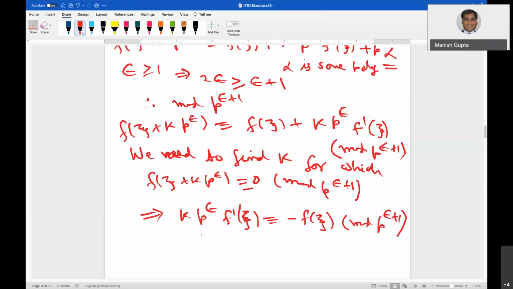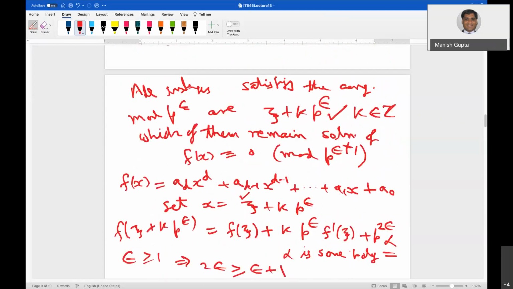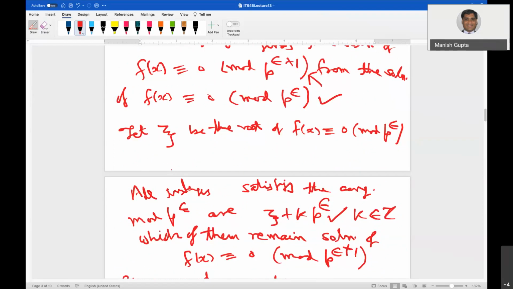Now, since f of xi is congruent to 0 mod p raised to power epsilon, because xi is a root of this equation, right? So from here, since xi is a root of this equation, f of xi is congruent to 0 mod p raised to power epsilon, right?